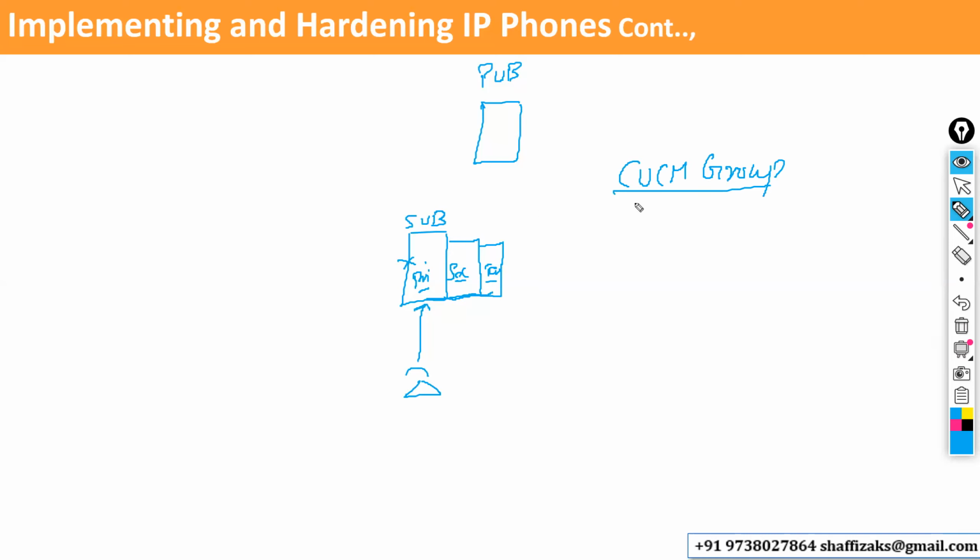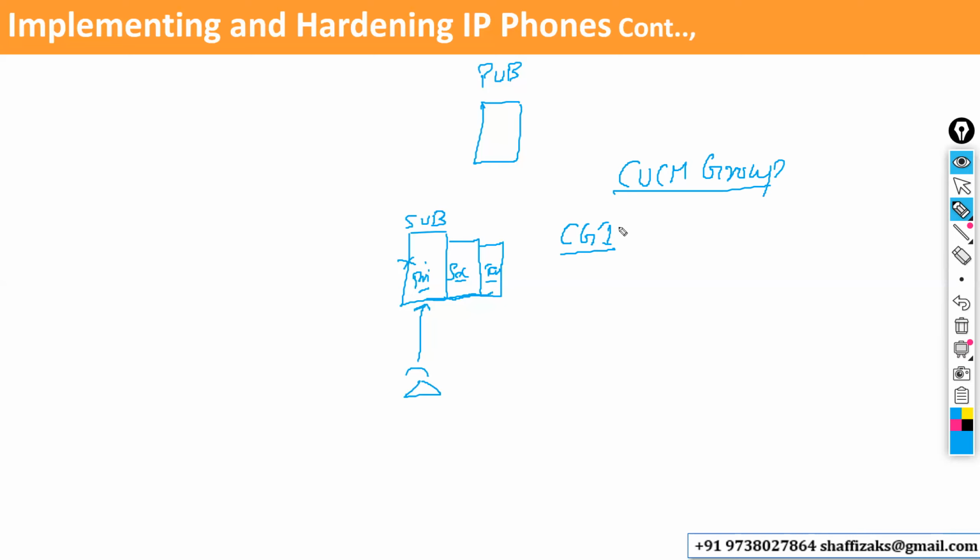When you are creating a CUCM group, for example, CG1, this is the name of the group. You can give any name, there is no condition that you have to give this. Any naming convention you can give. CG1 means CUCM group 1.